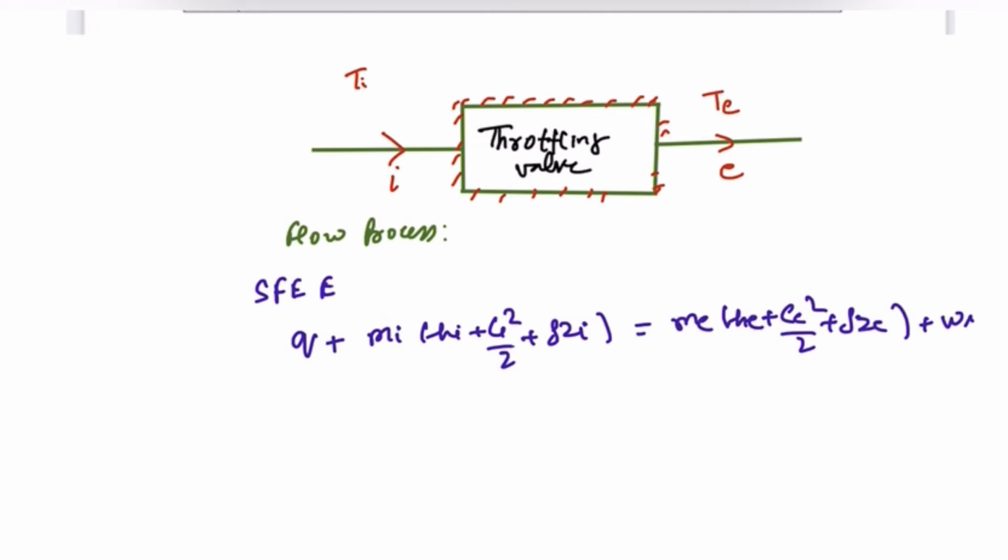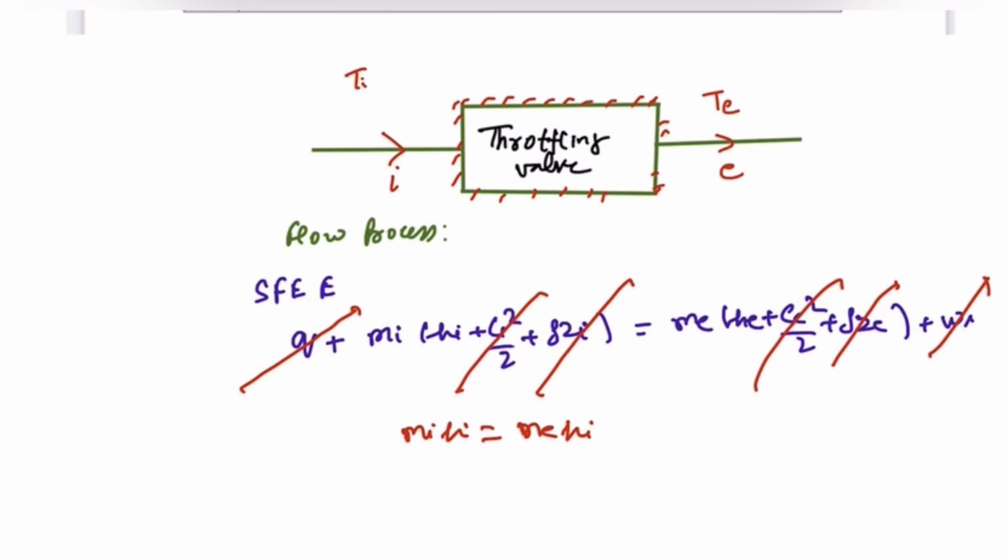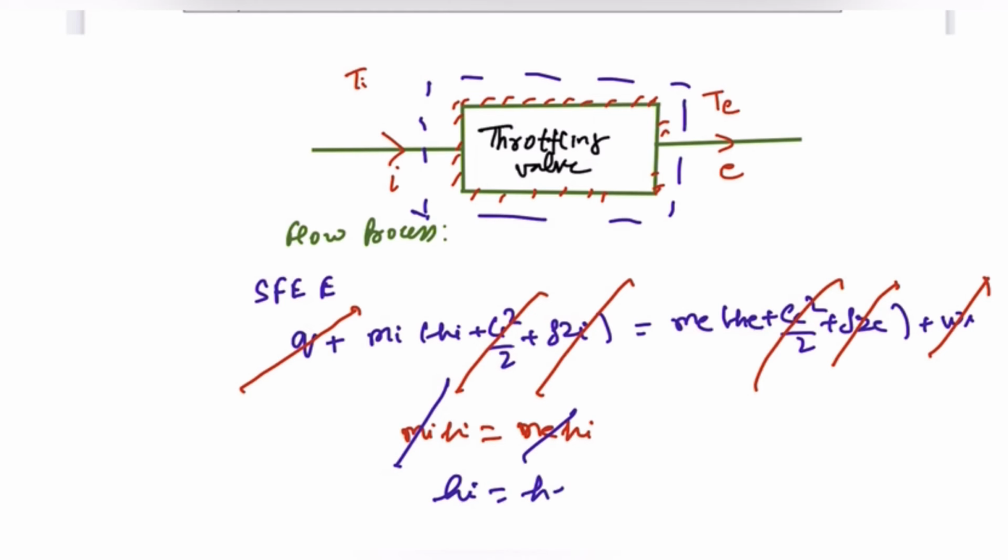In this case shaft work will be 0 because in throttling there is no shaft, neglecting the changes in the kinetic and potential energy as well, and this is an insulated valve, so Q goes to 0. So I get Mi Hi is equal to Me He. If we apply mass balance across this control volume, Mi is equal to Me, so this cancels, and I get Hi is equal to He.